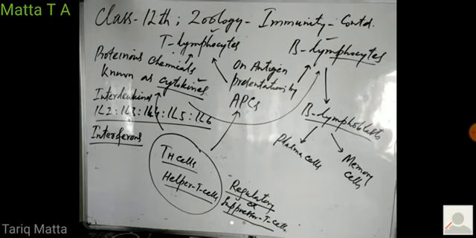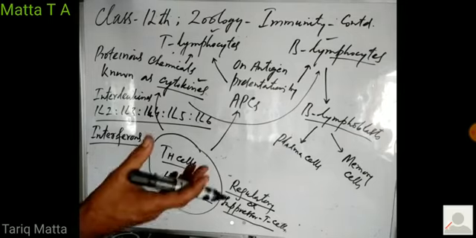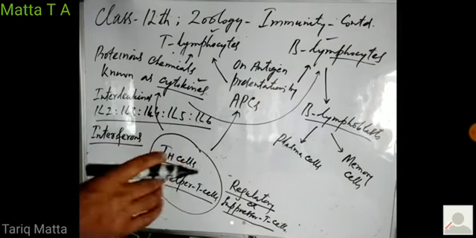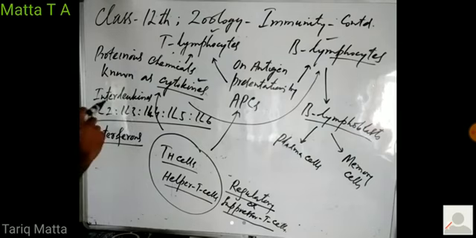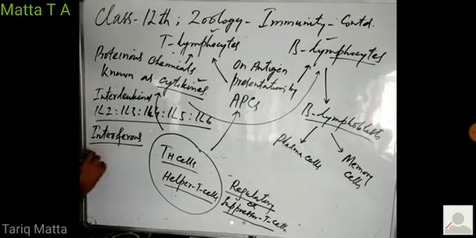So they protect the entry of virus into the cells. Sometimes they bind to the virus and do not allow the virus to enter into the cells. Or sometimes they coat the uninfected cells and do not allow the virus to enter into that cell. So interferons inactivate the viruses.